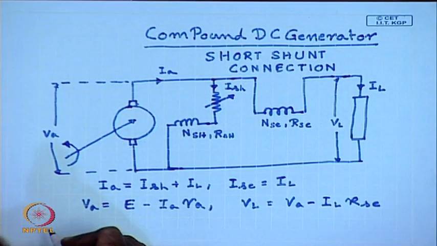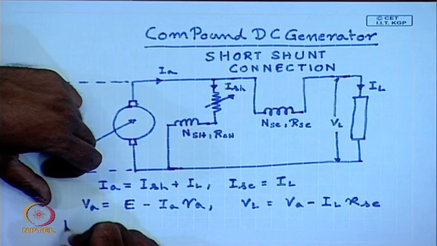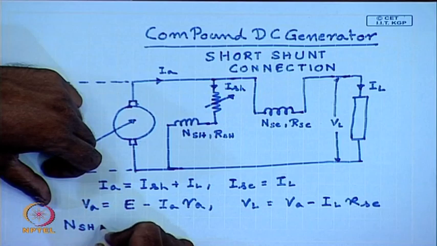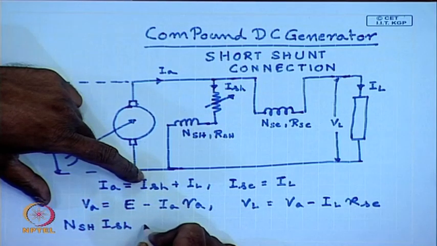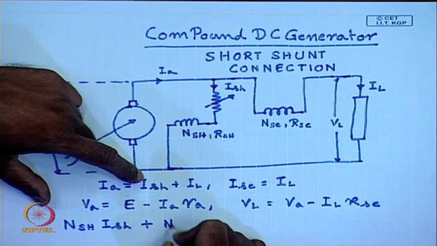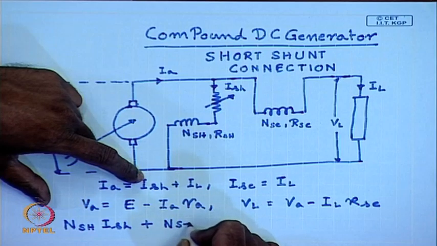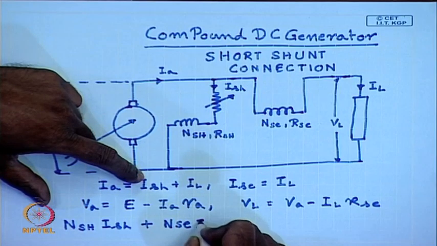So, the net ampere turns that produce the field flux is given by NSH ISH plus NSE IL.